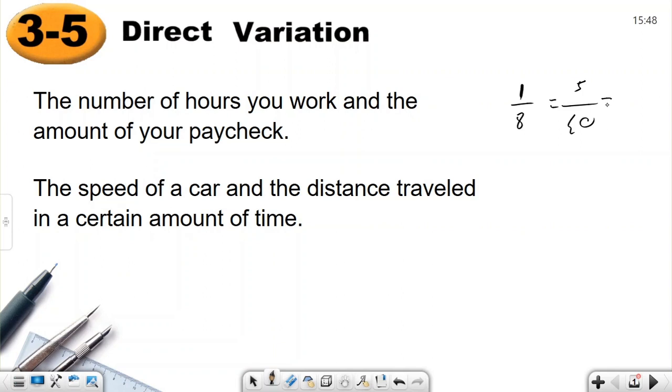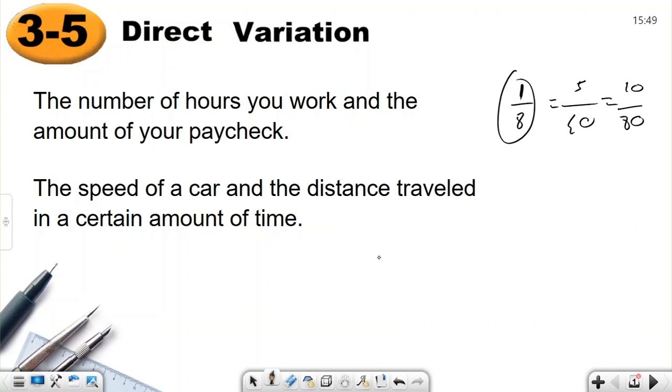So as you see, there's a relation between them. 1 hour is $8, so 5 hours is $40. It's the same rate if you work 10 hours, so this will be $80. Direct variation is a constant rate of change, so this rate will not change. When you change the x and y value, as you see, the rate will be the same, so it's constant.